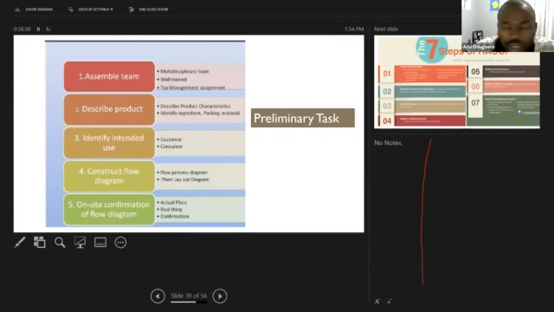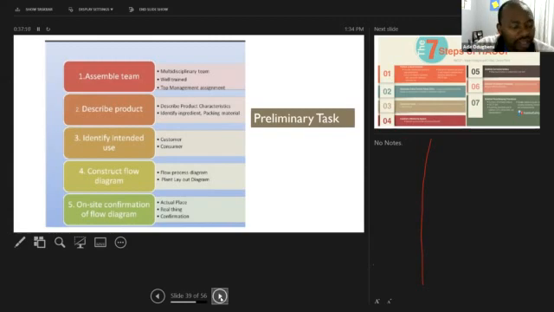Who are your target customers? What are the targeted consumers of that product? Then number 4, construct a flow diagram. And lastly, verify that flow diagram. These 5 steps are typically what we call the 5 preliminary tasks of HACCP.